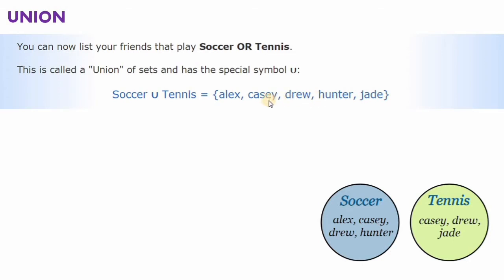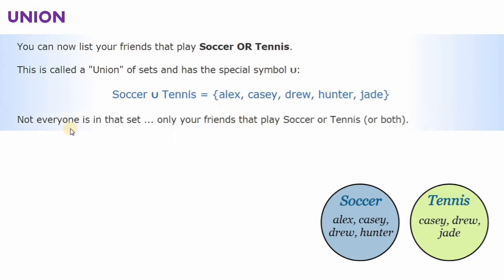So union means adding up the members in a single set. Not everyone is in that set. Out of those 10, only your friends that play soccer or tennis or both are present in this particular set.